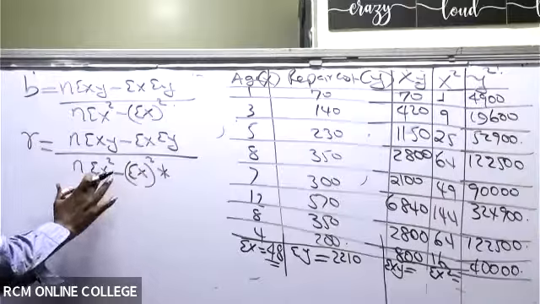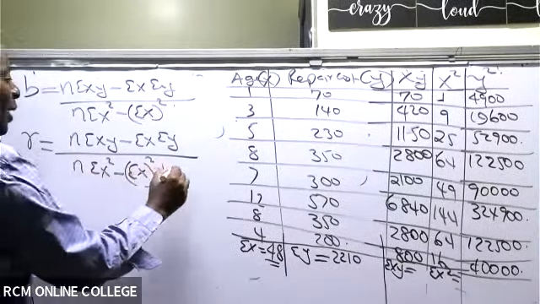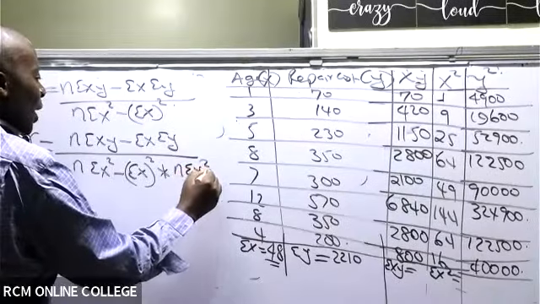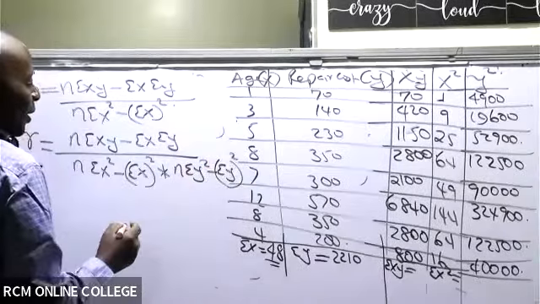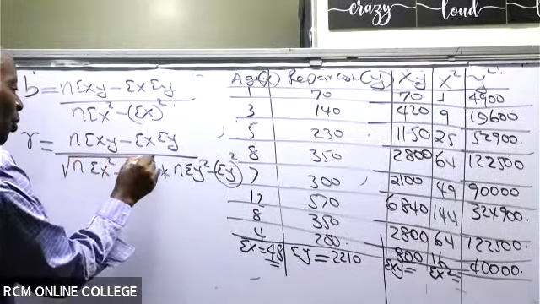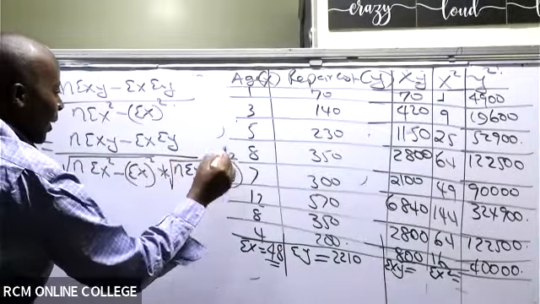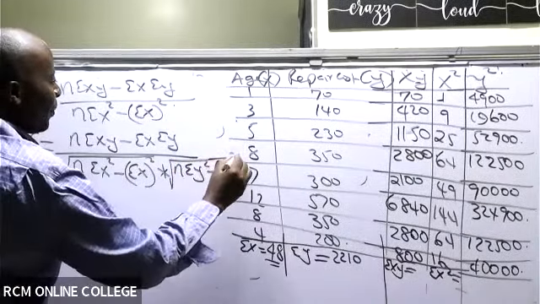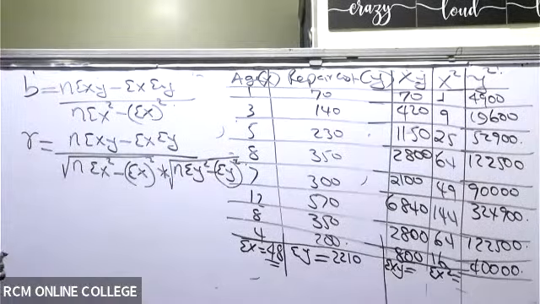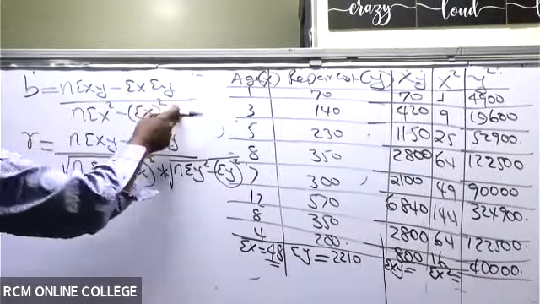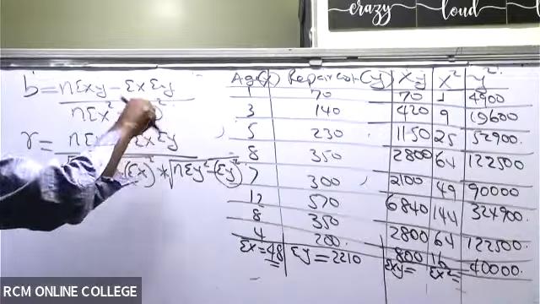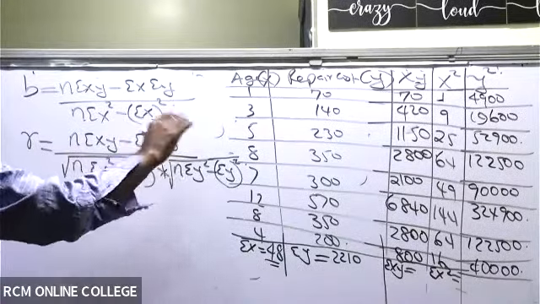So it becomes n summations of y squared minus sum of y, all squared. And then you put these under their respective square roots. I prefer putting them under their own square roots, like that.